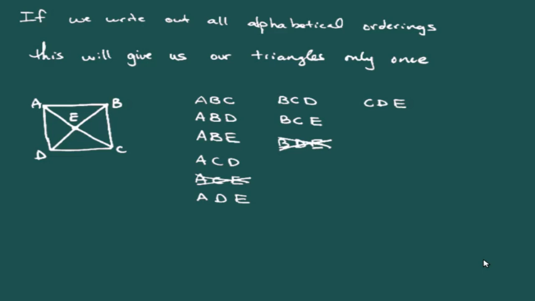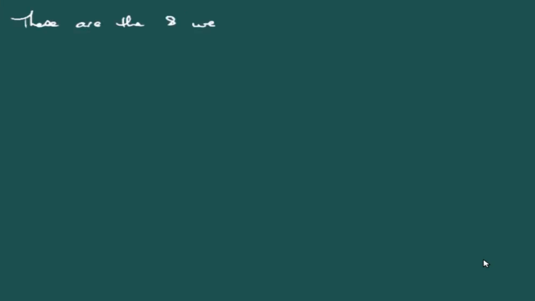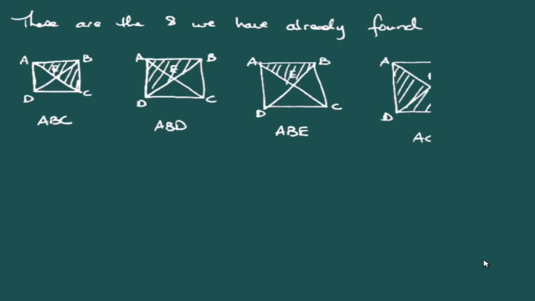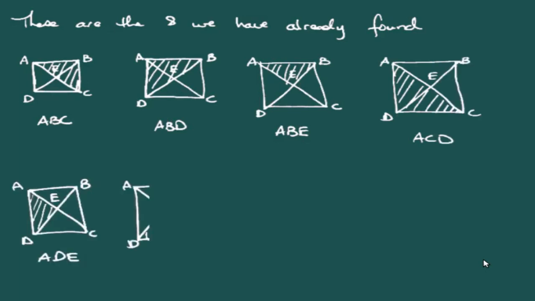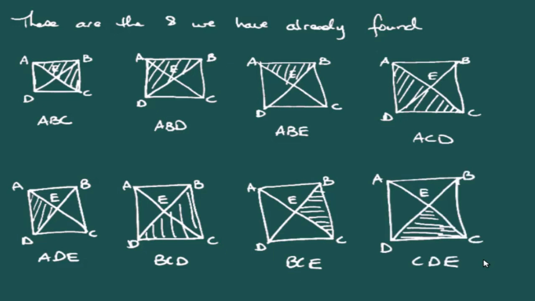So if we take those out, that only gives us 8 possible sequences that correspond to our triangles. And if we go through and check each one of those out, we can see that yes, sure enough, each one of those does correspond to a triangle. And in fact, they are the 8 triangles that we've already found: ABC, ABD, ABE, ACD, ADE, BCD, BCE, and CDE.